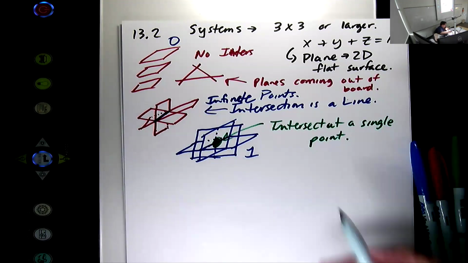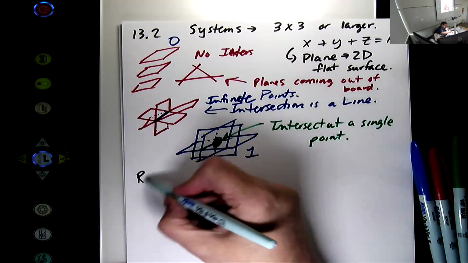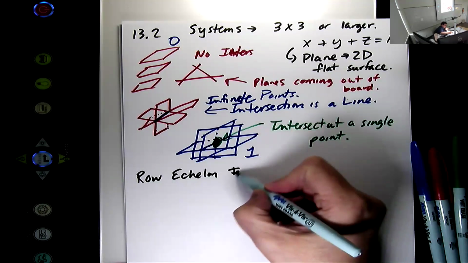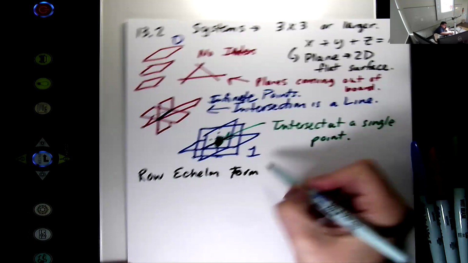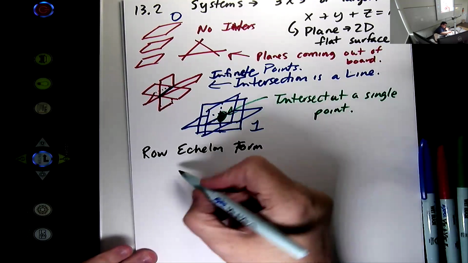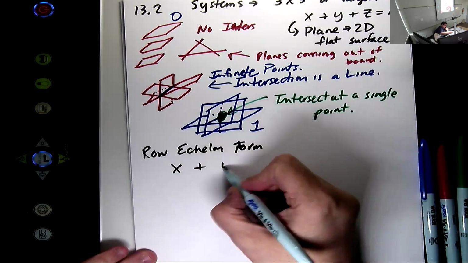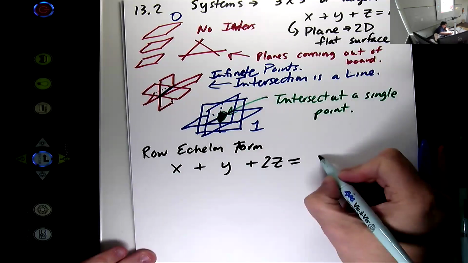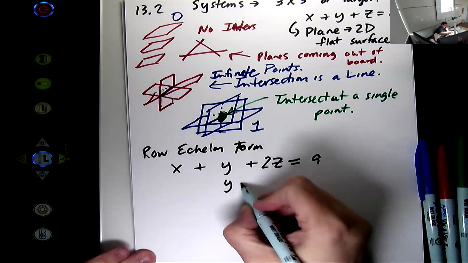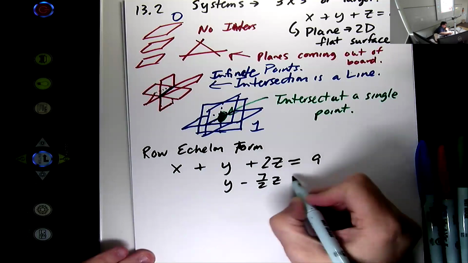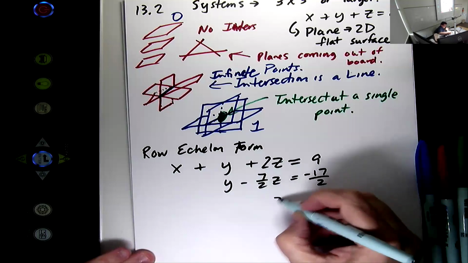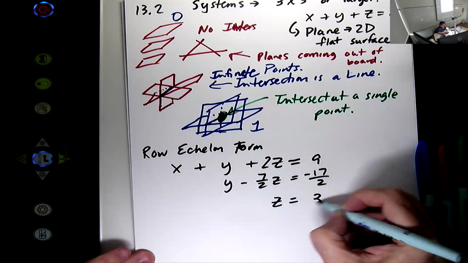They might tell you to do something in row echelon form. Row echelon form is making something look like this. I'll say 2z equals 9, y minus 7/2 z equals negative 17/2, and z equals 3.